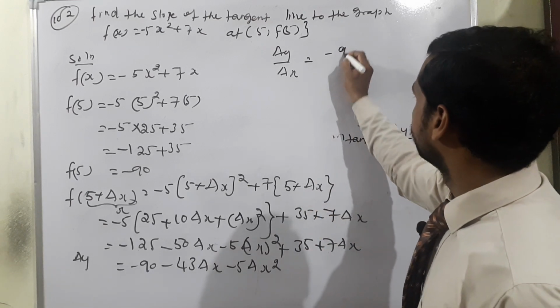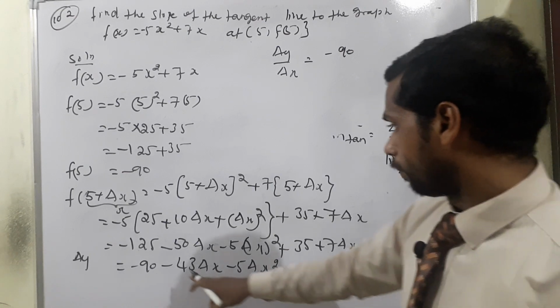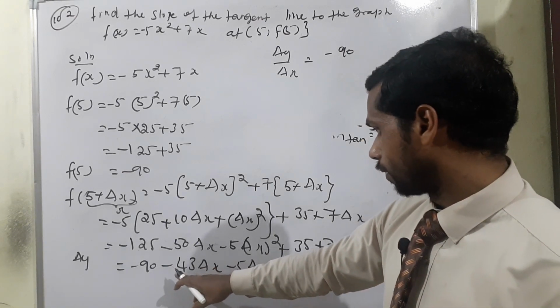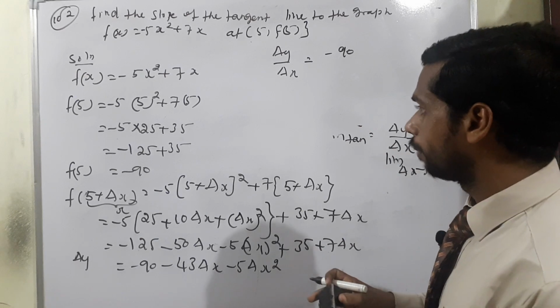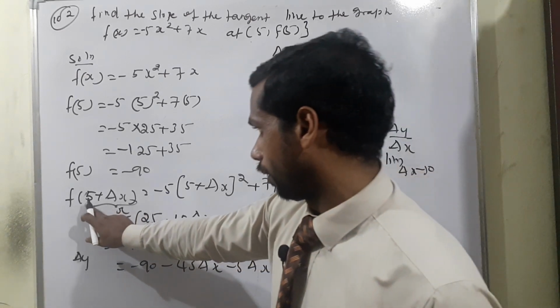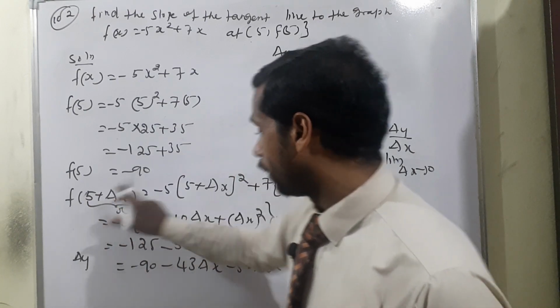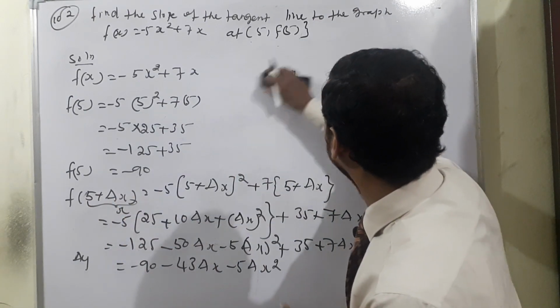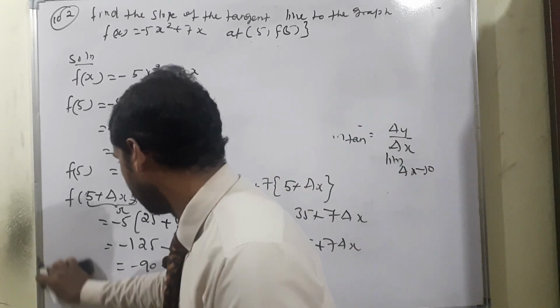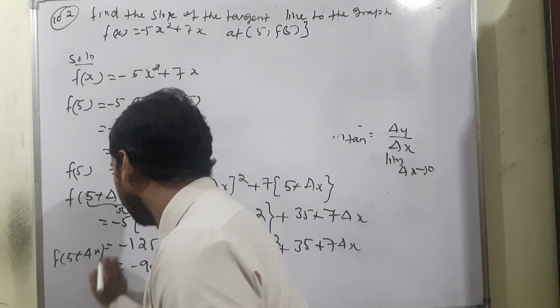Minus 90, so minus 90 already is clear, isn't it? Sorry dear, difference of the term it will come now, minus 90 also, because this is called only f of value of x plus 5, then differentiation of the term. This is not del y, this is actually f of 5 plus del x.